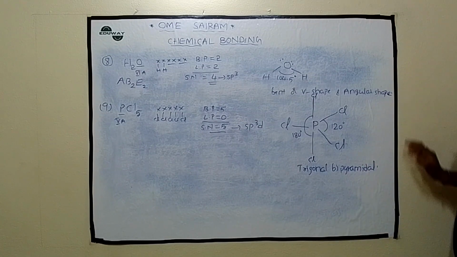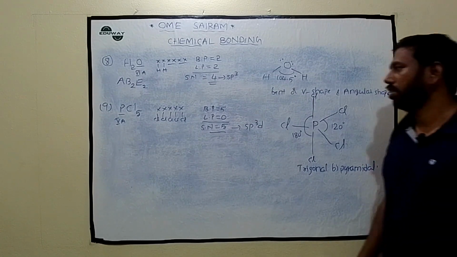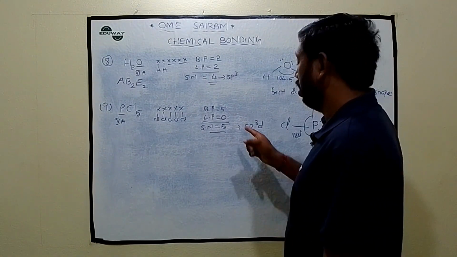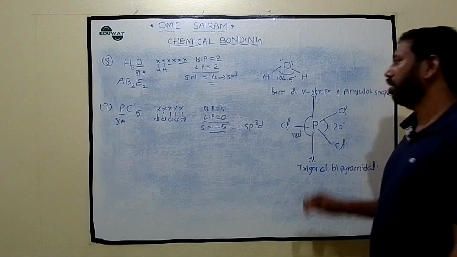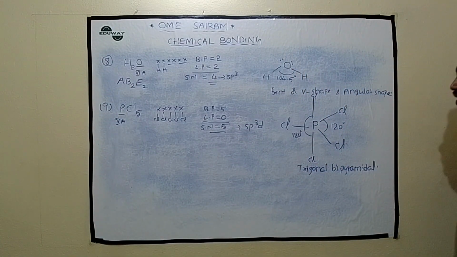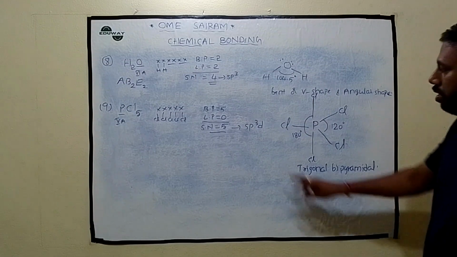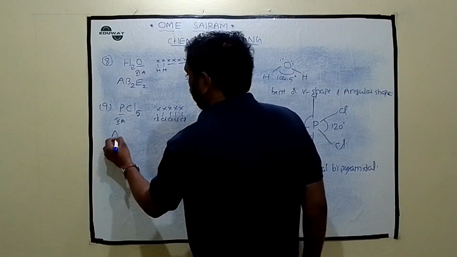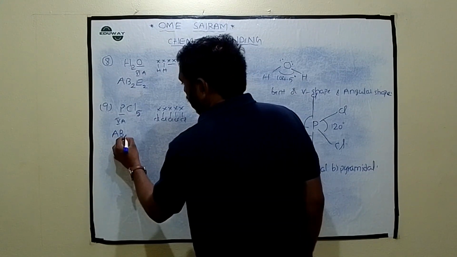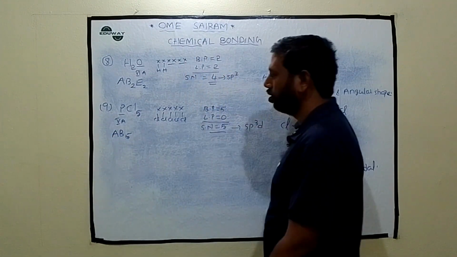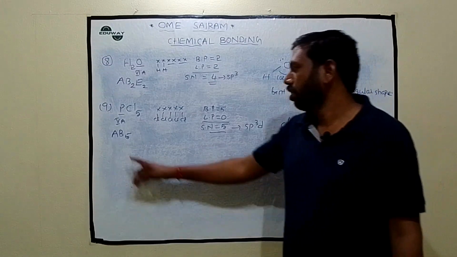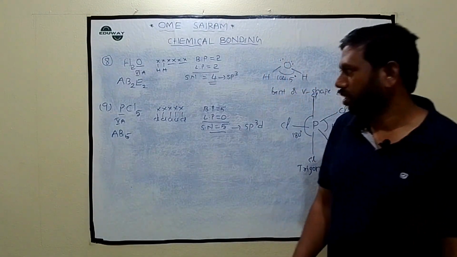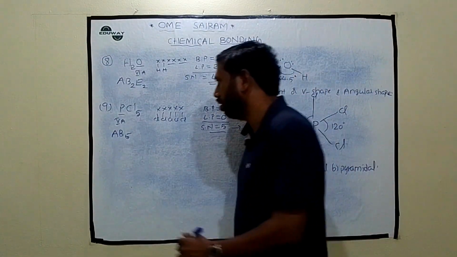If any molecule has 5 bond pairs and 0 lone pairs, the molecule should be trigonal bipyramidal, and the hybridization is sp3d, and it belongs to AB5 type. That means it has 5 bond pairs. There are no lone pairs.